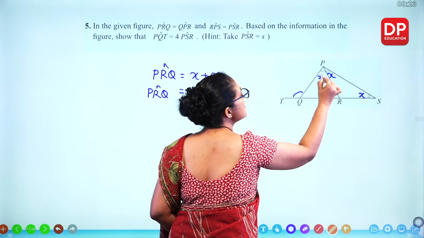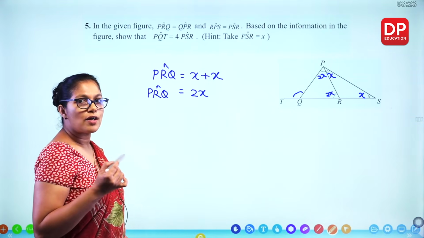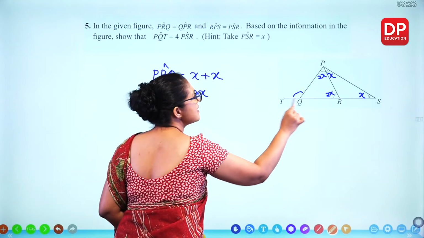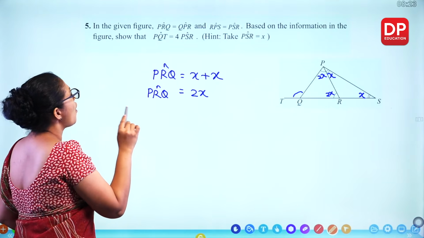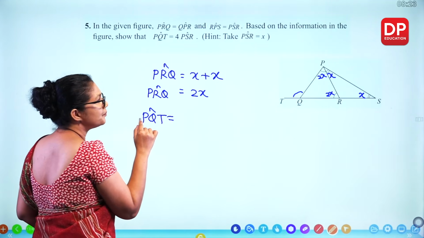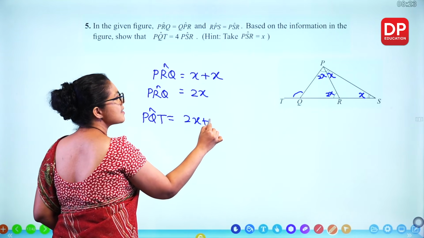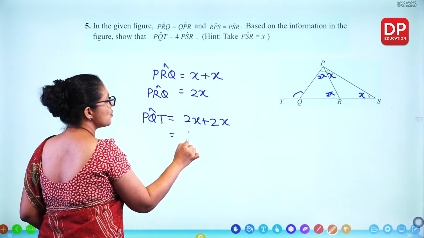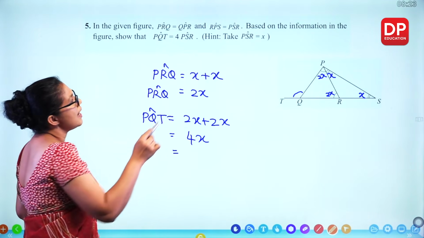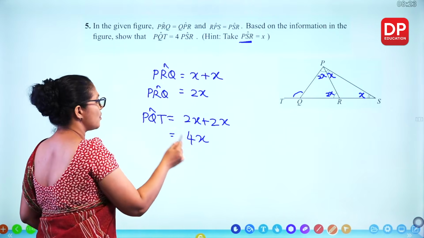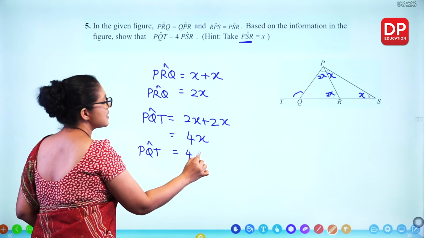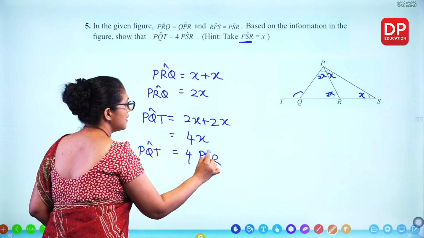So this is 2x because already given. So I can write what is this angle? TQP or PQT angle is equal to 2x plus 2x. That's equal to 4x. But what is x? We took x as PSR. So I can write what is PQT angle? 4 times PSR angle.